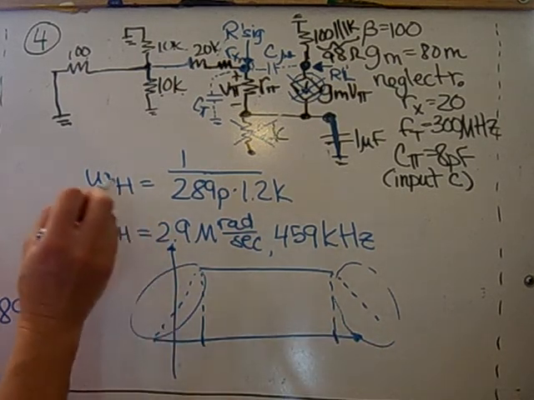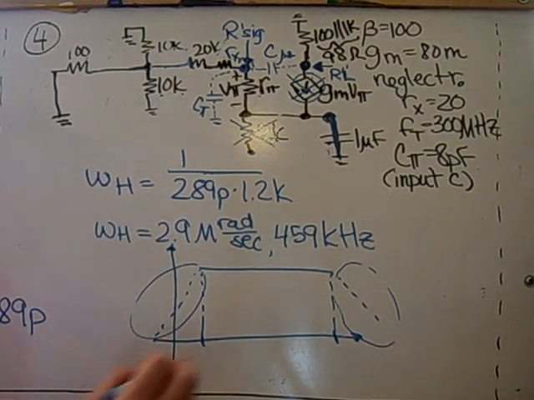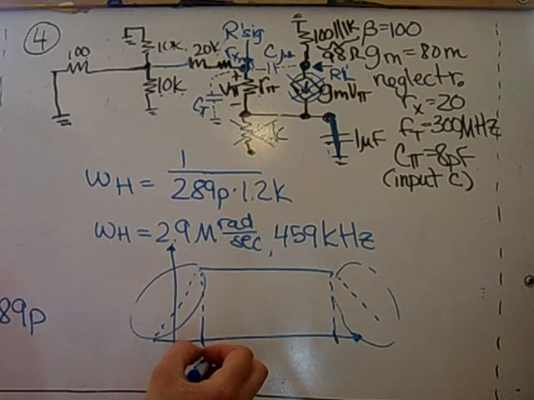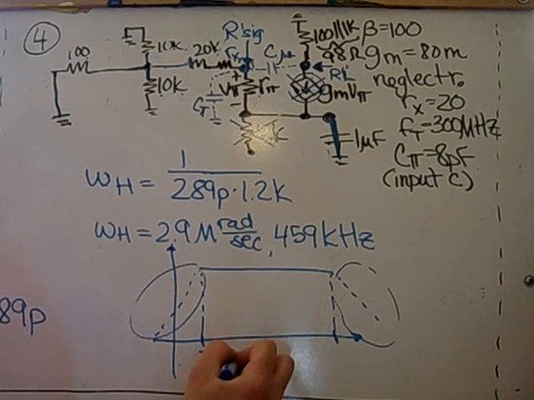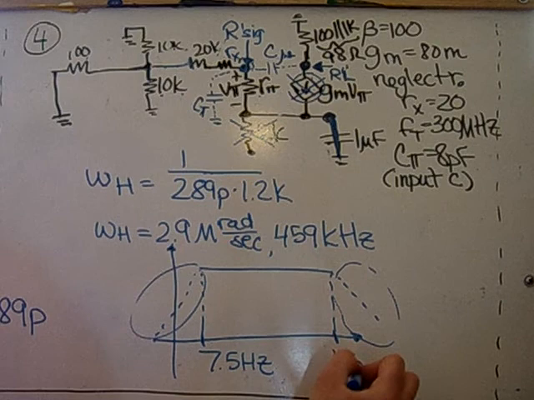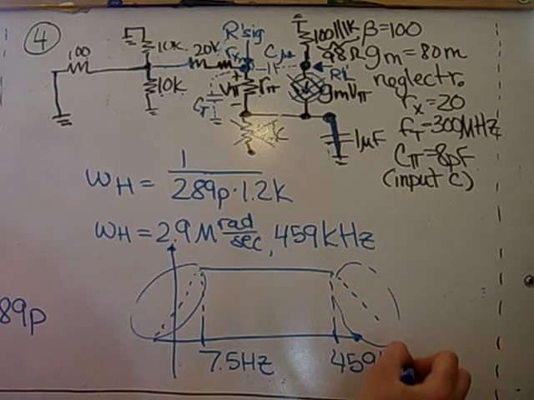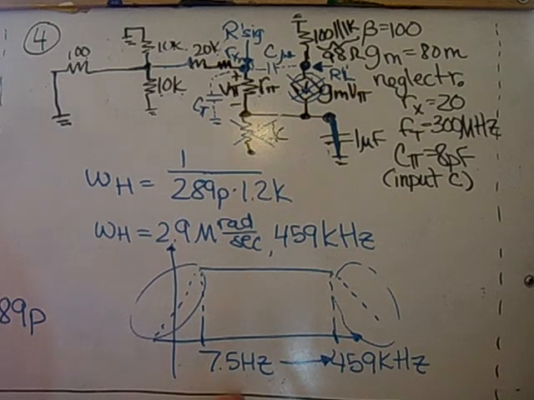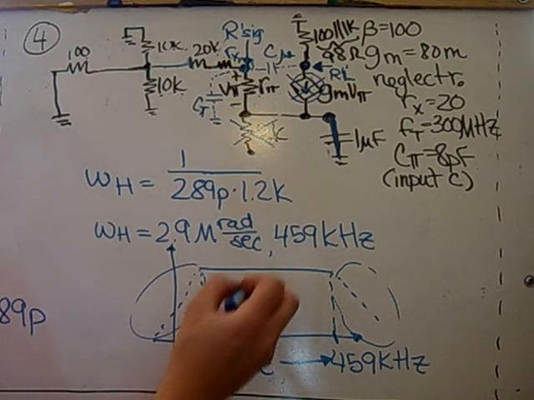So these are good approximate ways of determining what those values are. This value was the low value of 7.5 hertz and the high value of 459 kilohertz. So this circuit operates in the frequency range from 7.5 hertz to 459 kilohertz.